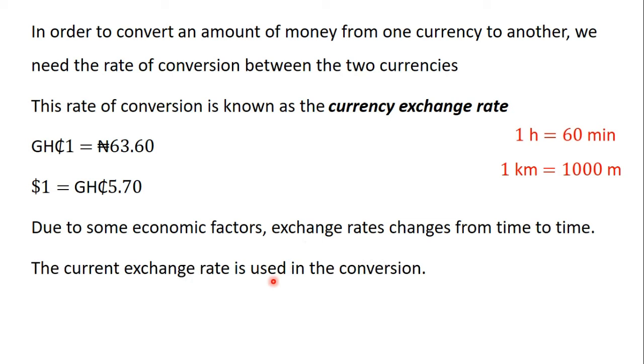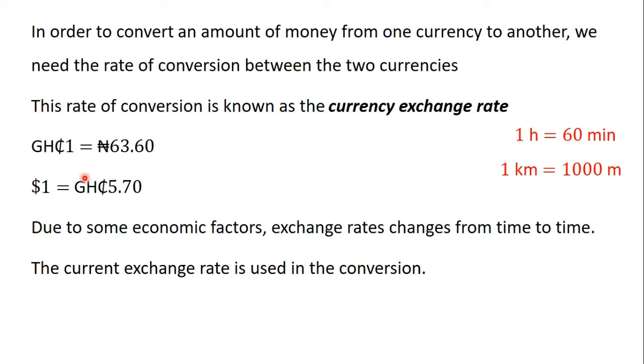And because of this, whenever you go to the bank to change your money from one currency to another, the current exchange rate is used. So the exchange rate as at the time that you are converting your money will be used for the conversion. If you want to know the current exchange rate between two currencies, you can search online for it.